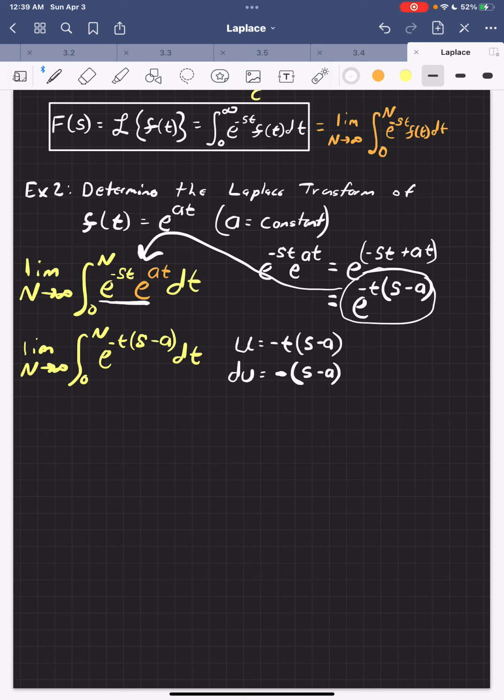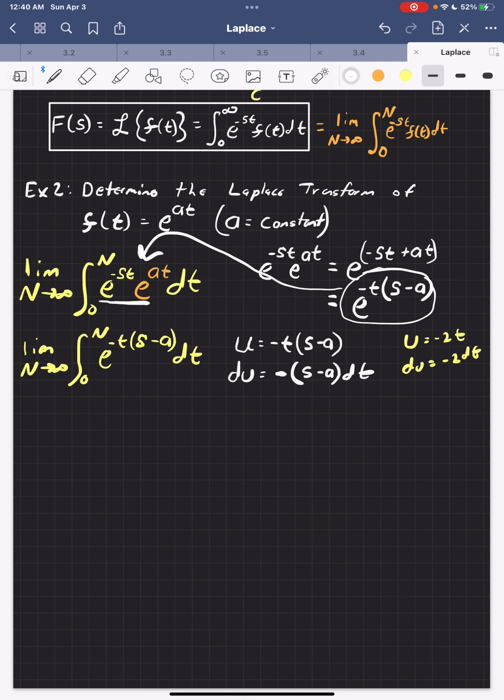Again, if that confuses you at all, just think of it, if I had u is equal to negative 2t, then wouldn't du be equal to negative 2 dt? Well, you can see, I'll write dt here in just a second, but you can see the negative here, and then instead of having a 2, we just have an s minus a because they are constants. Okay. So, and that is dt.